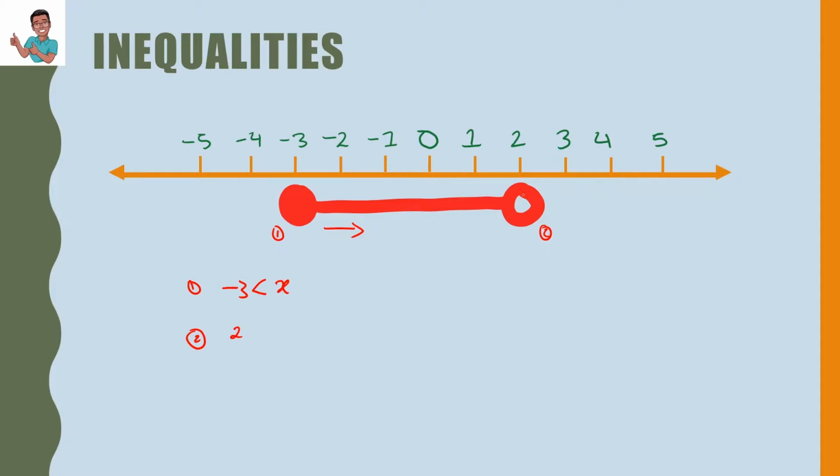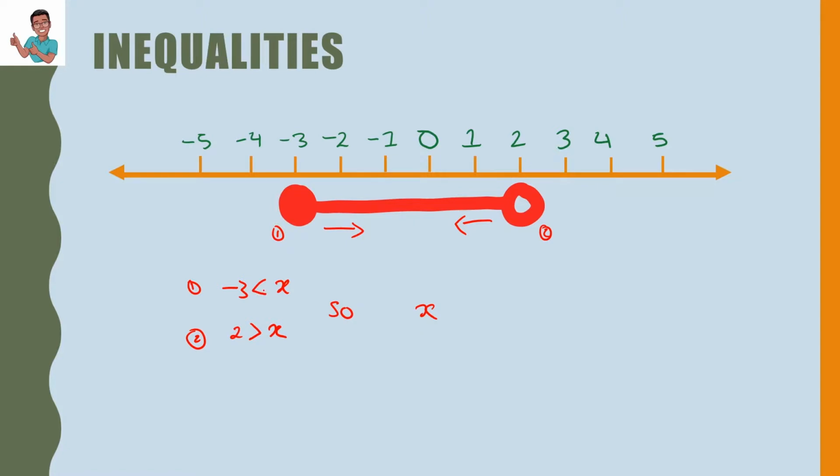Let's move on to the second part. Here we can see it's not shaded and the line is moving in this direction. So therefore we know that x has to be less than 2. Okay, so now we have these two inequalities. We have to join them into one. We'll make x the subject.